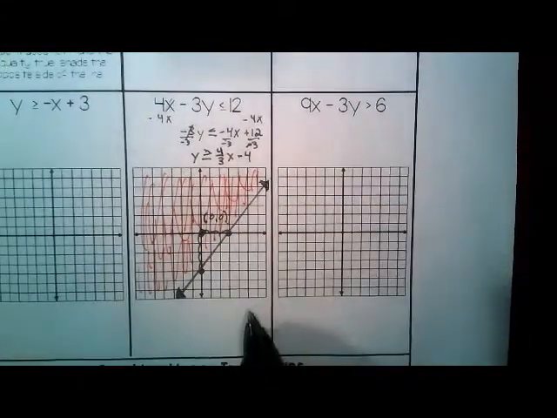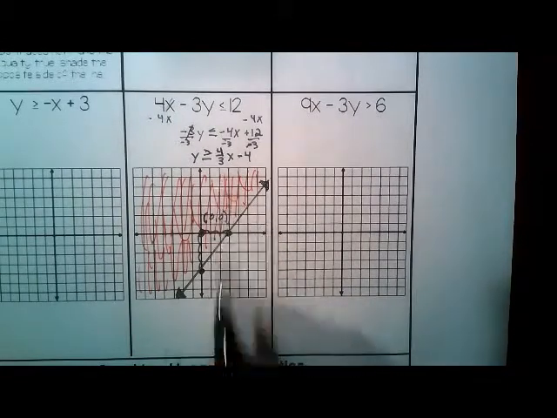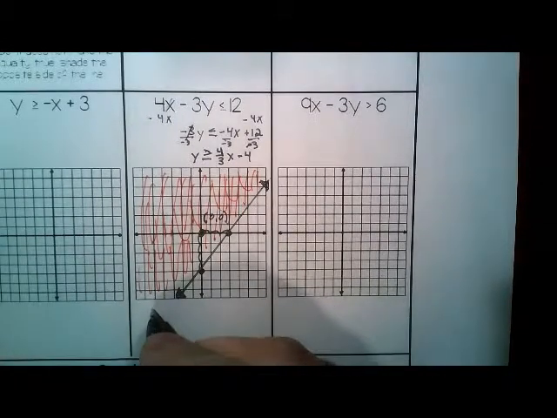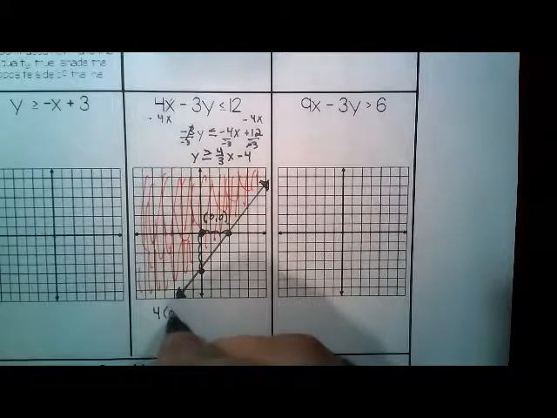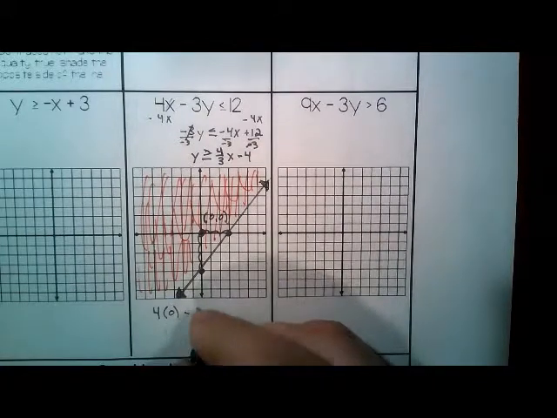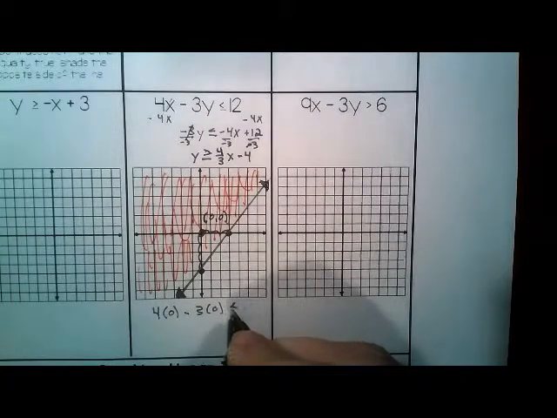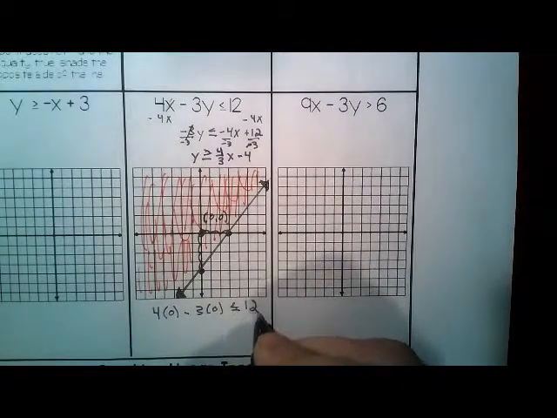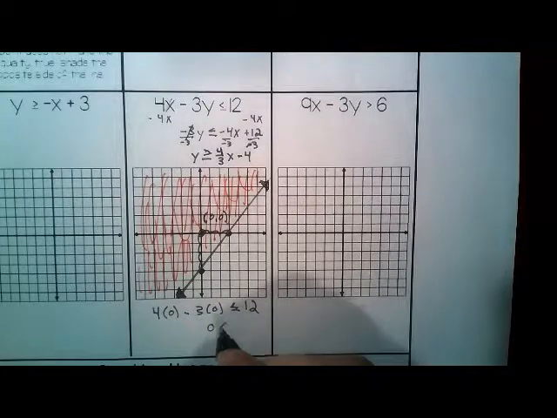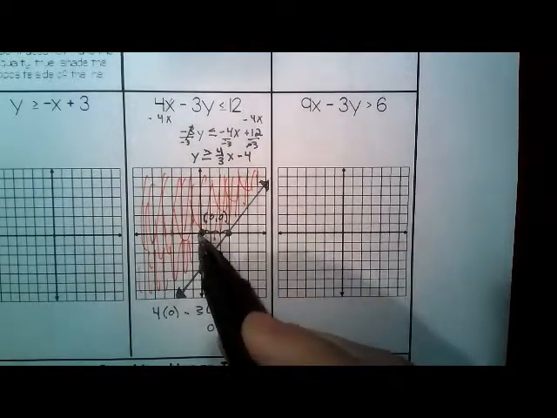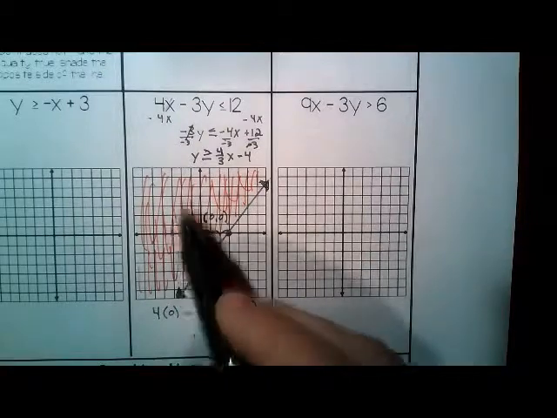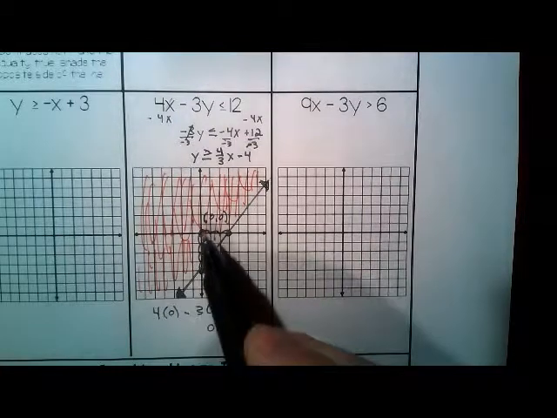But let's check and see if 0, 0 makes this inequality true. Is 4 times 0 minus 3 times 0 less than or equal to 12? So is 0 less than or equal to 12? Yes. So it would be shaded in the area that has 0, 0, which is this area up here.